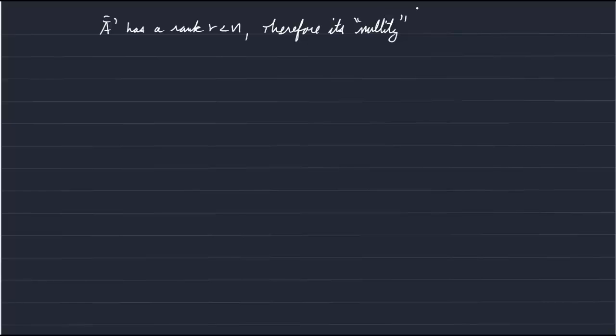We've used that term before. Its nullity P is equal to n minus R. And thus, I guess the solutions for x are non-unique.